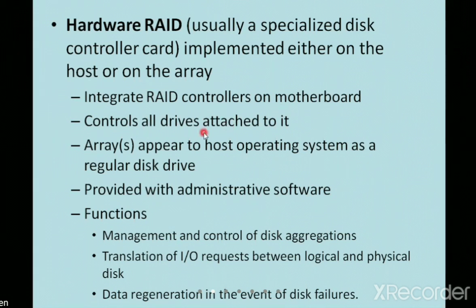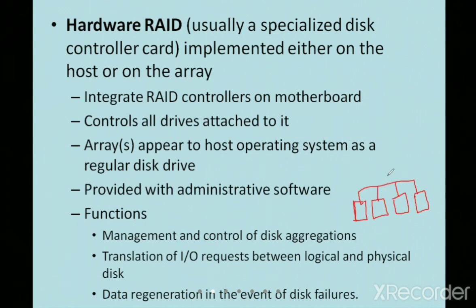Now what it is going to do is control all the drives that are attached. For example, I have hard disk 1, another hard disk 2, a third hard disk, and a fourth hard disk. Whenever I am processing, all of these have to be connected and the data has to be transferred.